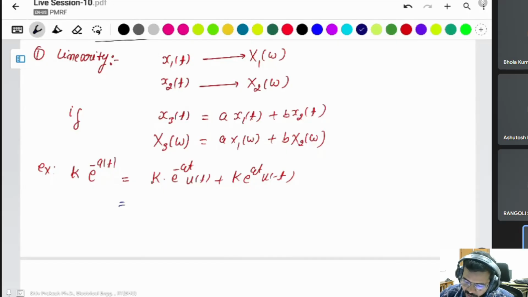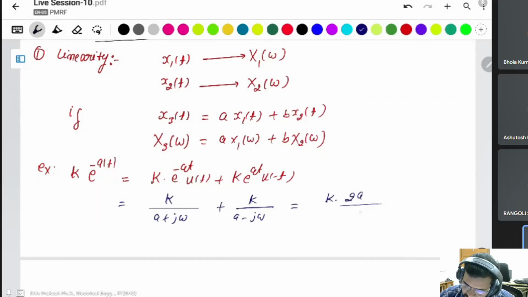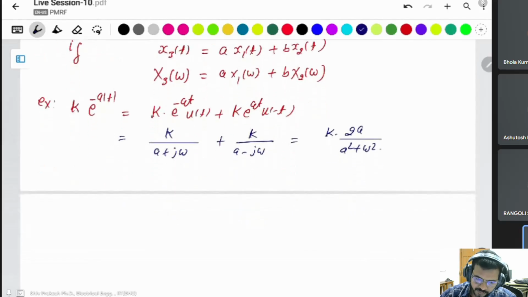It is the same thing: find the individual Fourier transforms, then simply add them up. This is k divided by (a plus j omega) plus k divided by (a minus j omega). Simply adding these gives 2ak divided by (a squared plus omega squared). Fine.